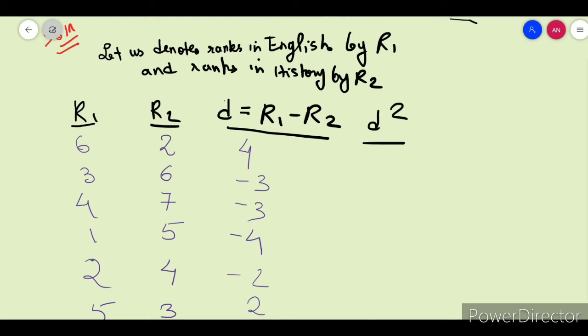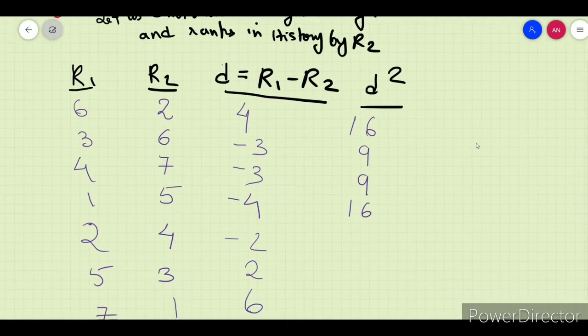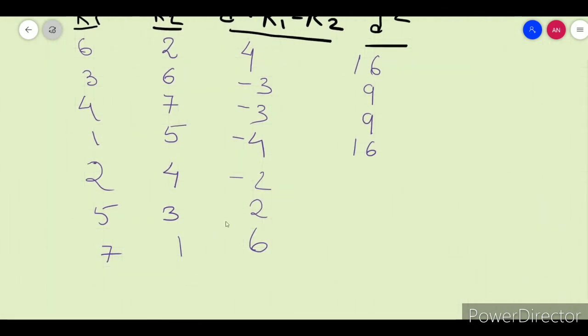In other words, we square the differences. 16, 9, 9, square of minus 4, 16, square of minus 2, 4, 4, 36, and if we add all of these, we get the value of summation D square, which is equal to 94.